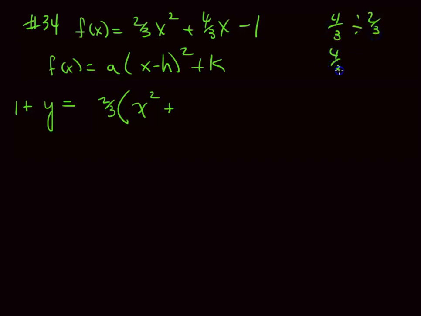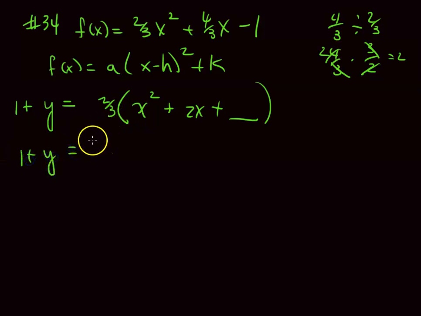Or 4/3 times 3/2. Well, the 3's cancel, the 2 cancels with that, and it's just a 2. So this is x squared plus 2x plus something, and I've got that 1 over here. We'll put that back later.